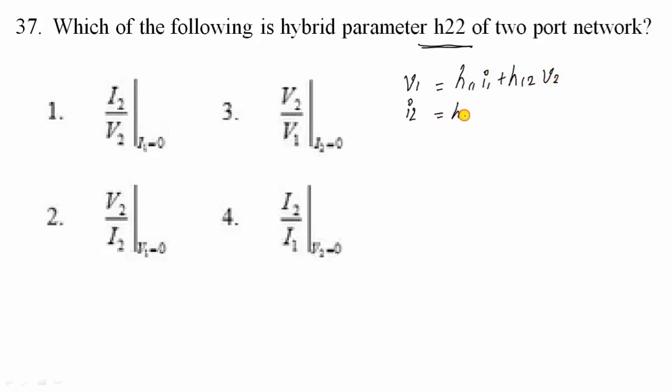I2 is given by H21 times I1 plus H22 times V2. They are asking us to express H22. H22 equals I2 divided by V2, when I1 equals 0. So the corresponding option is option 1, which is correct.